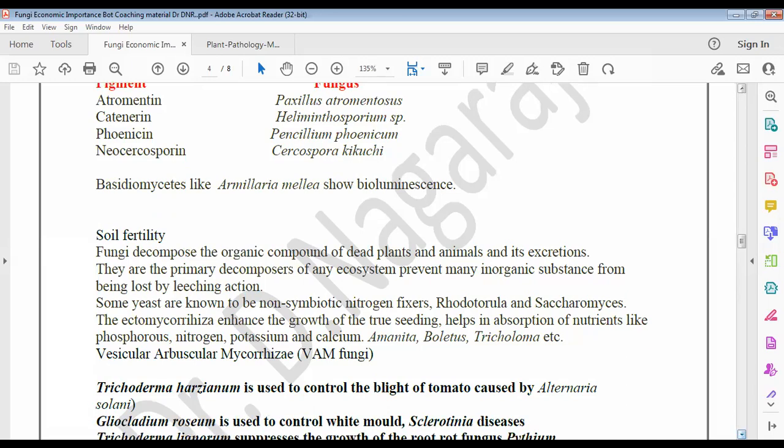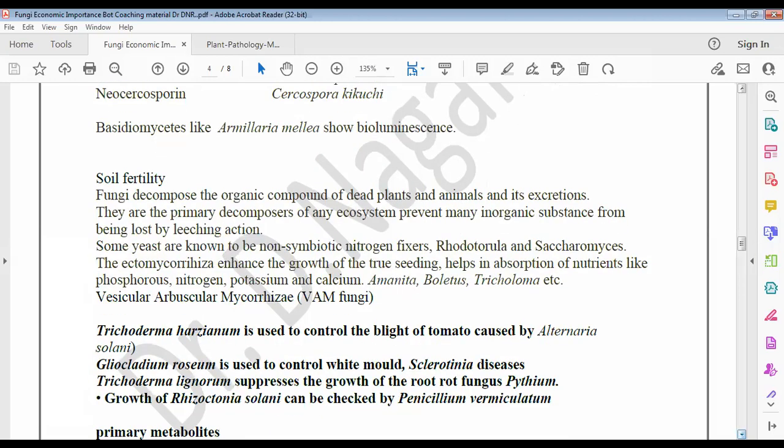Diazotrophic. Okay, then you know in soil fertility in the agriculture field, fungi play a main role as mycorrhiza, and as a decomposer, which decomposes the dead organic matter and adds the minerals to the soil. And also as a mycorrhiza, it is widespread in the soil as the largest network.